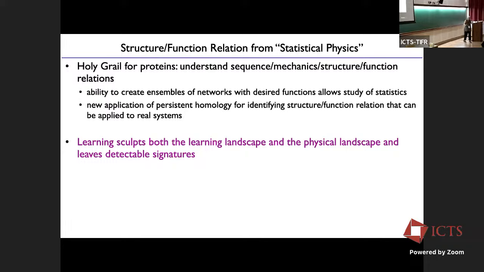And if you remember just one thing, I want you to remember this: learning is sculpting both landscapes, the physical landscape and the learning landscape. It turns out that in biology, in things like population ecology, they have this concept, developed by a colleague of ours at Penn, Josh Plotkin, called global epistasis: evolution actually sculpts the learning landscape, and the learning landscape contains this information.